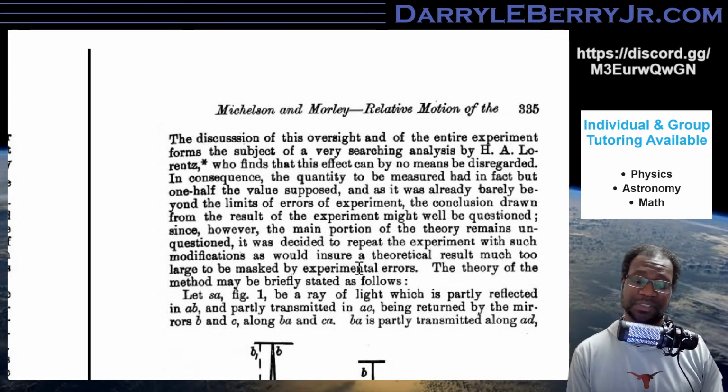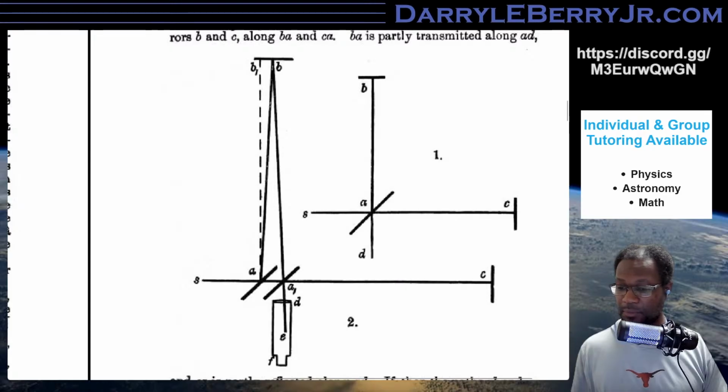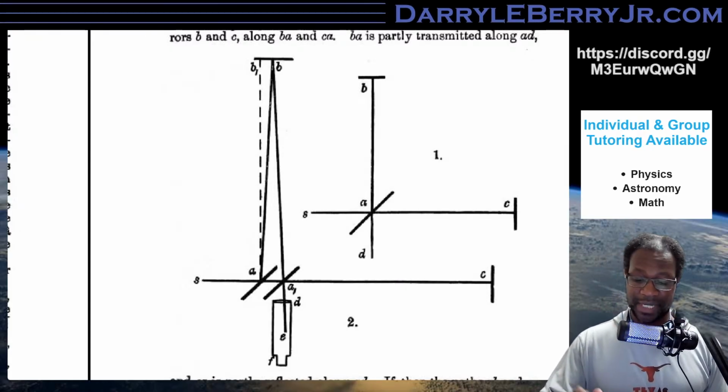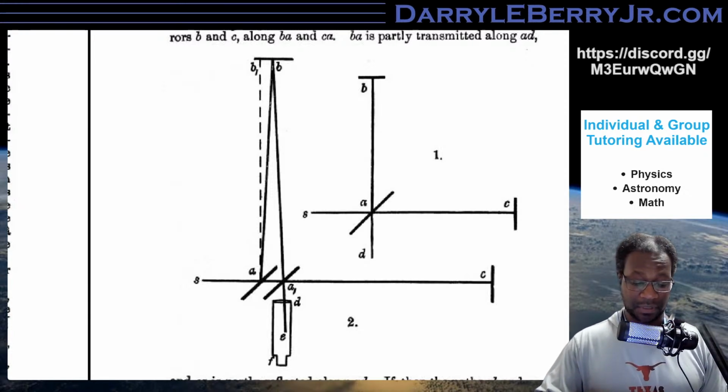So basically, they're counting the lack of accounting for that lateral motion as experimental error. They're improving the experiment to basically eliminate that. The theory of the method may be briefly stated as follows, and we'll go through the image so we can see it. What I'll do is switch to an image I have from the paper, and I'll highlight what he's talking about.